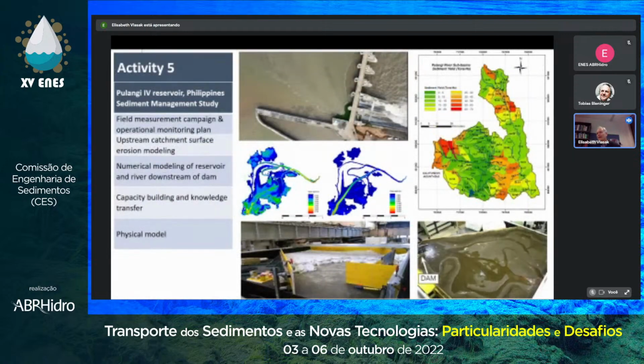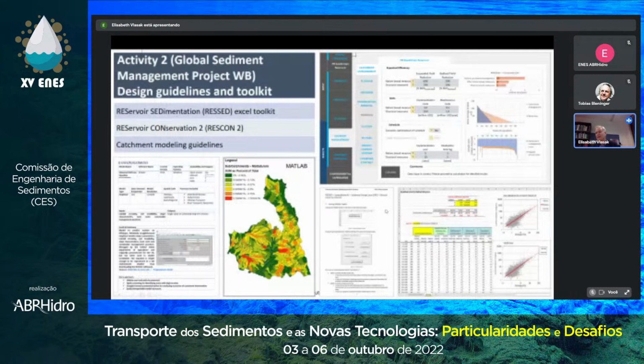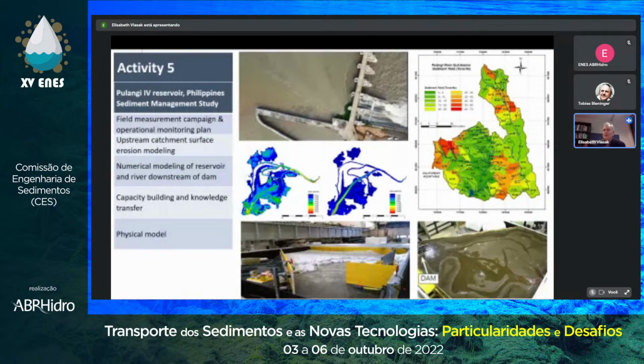These are not too numerical. They are calculating things, but not a simulation model. Now, if you want to go into more detail, you can do a sediment transport study on the catchment. This was an example, also in the World Bank project, for a reservoir in the Philippines.